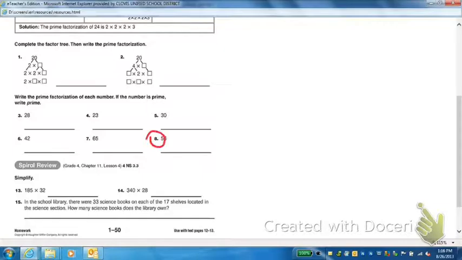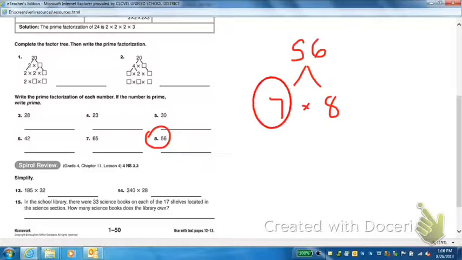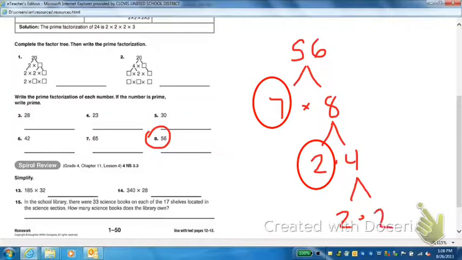Number 8, we've got 56. We start with the smallest number first, 7 times 8. 7 is prime, so I'm done. 2 times 4. 2 is prime, so I'm done with 2. And then 2 times 2.